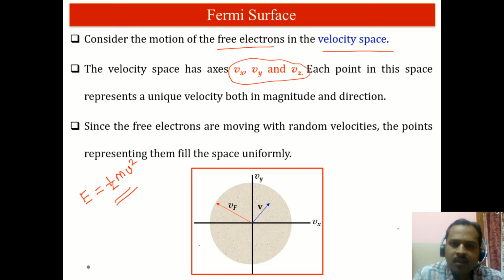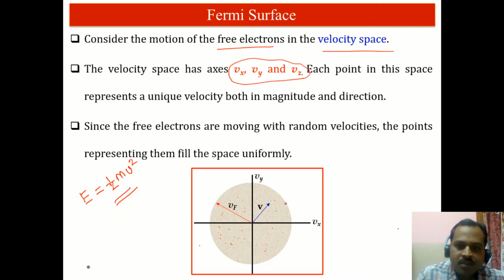Consider a single point inside the velocity space. Any point inside the velocity space corresponds to a particular unique velocity with a particular magnitude and direction. Since the electrons are moving randomly, they have all kinds of random velocities, and all these points correspond to the different random velocities of the electrons.